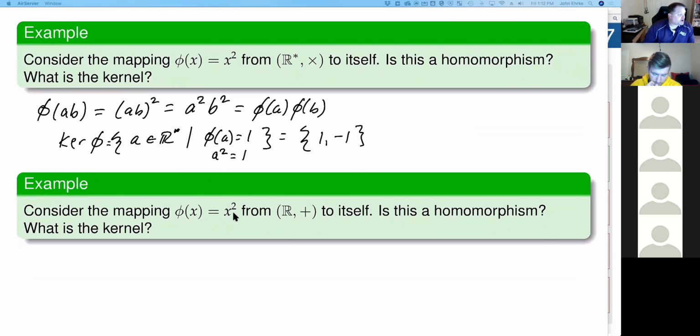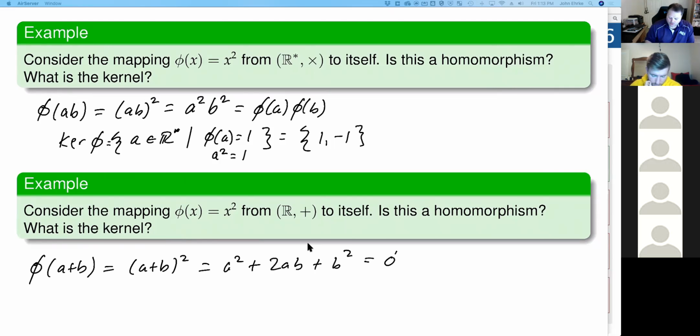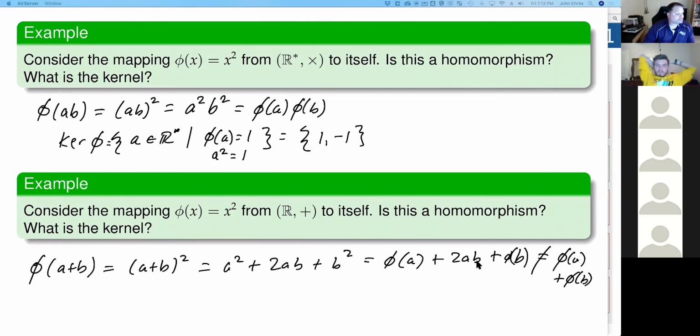Now I want to change the problem slightly. It's the same mapping, but now I'm going to change the operation from multiplication to addition. So if I look at phi of A plus B, this is A plus B squared, and no matter how hard I try, I cannot make this equal to phi of A plus phi of B unless A and B are both 0.